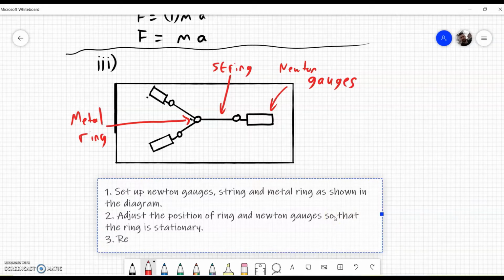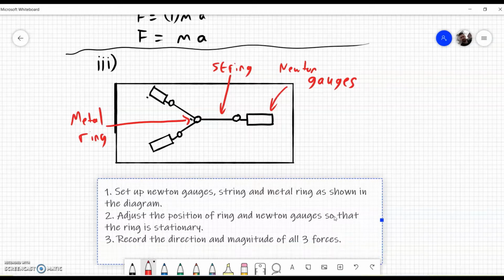3, record the direction and magnitude of all 3 forces. Number 4, resolve any 2 forces using the triangle rule.